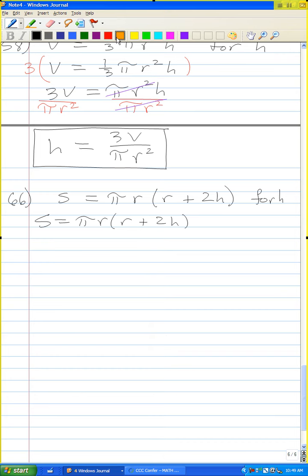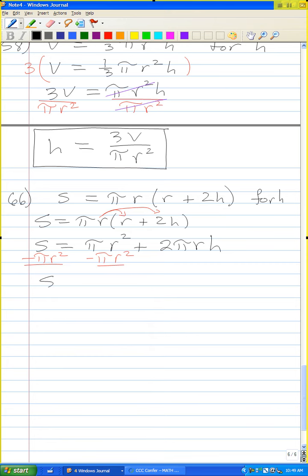So let me multiply pi r in the parentheses. And so I have S is equal to pi r times r is r squared, plus pi r times 2 is 2 pi r, times h is h. I want to solve for h, so let me subtract pi r squared from both sides of my equation.